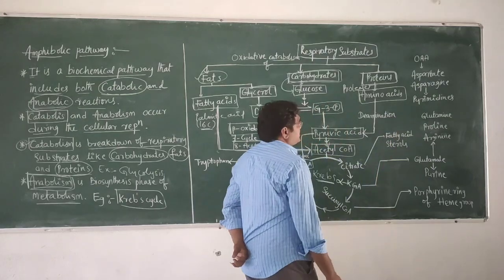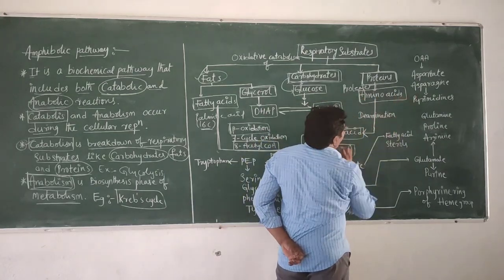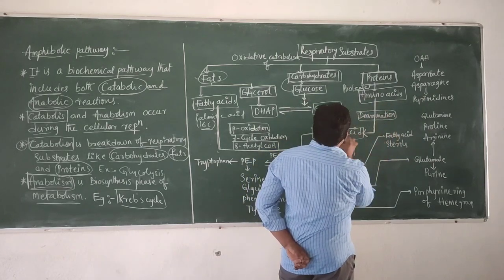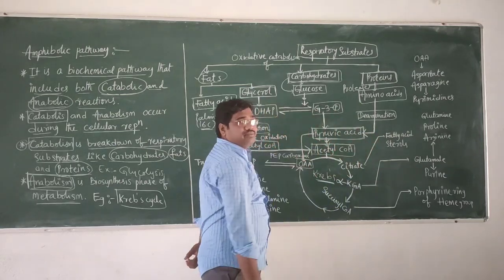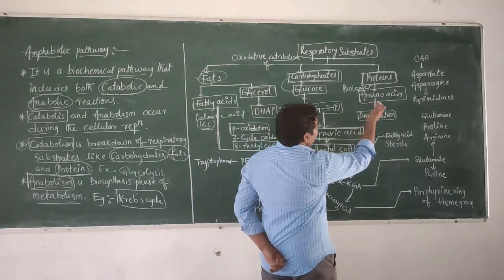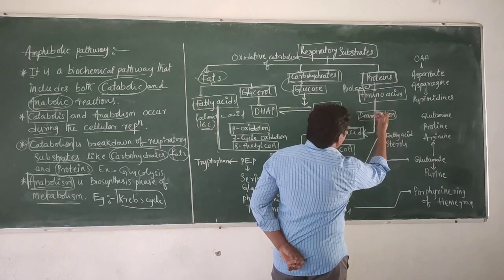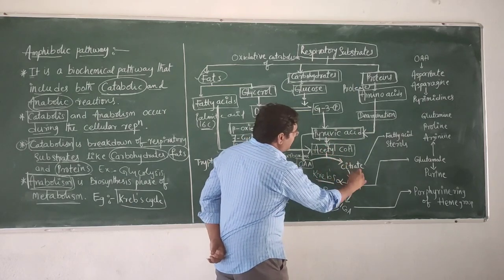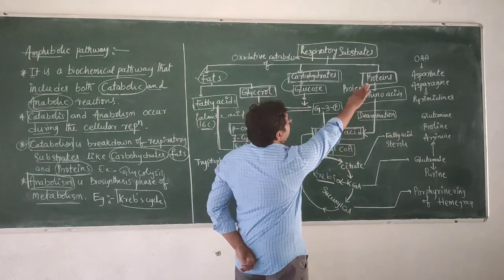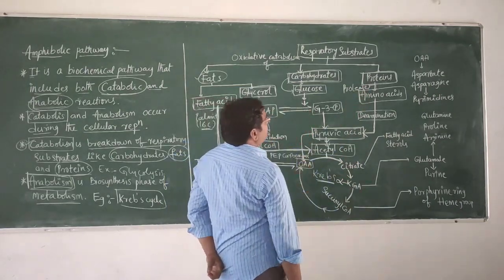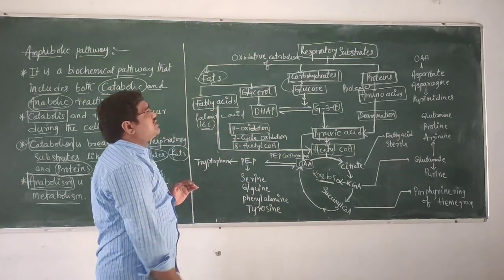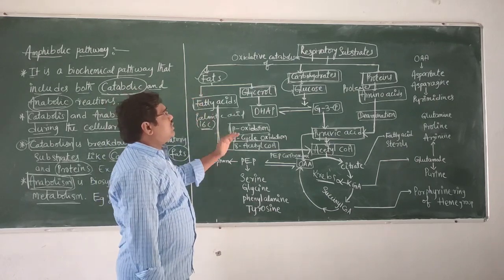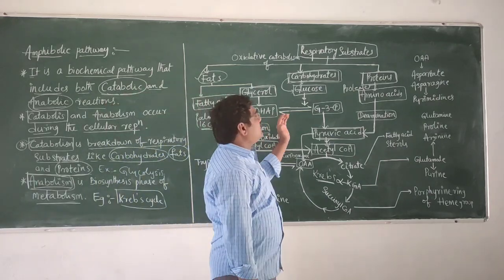The amino acids undergo deamination to form pyruvic acid, which is converted into acetyl-CoA and enters the Krebs cycle. This is the breakdown of proteins. So these are the 3 types of respiratory substrates: oxidative catabolism of fats, of carbohydrates, and of proteins.